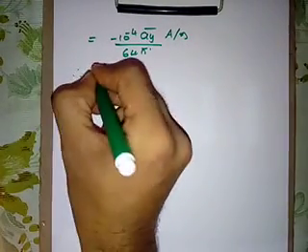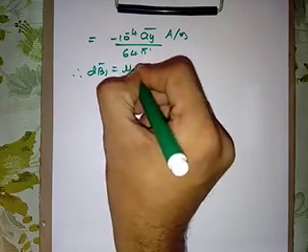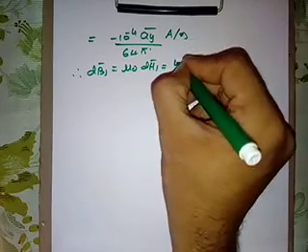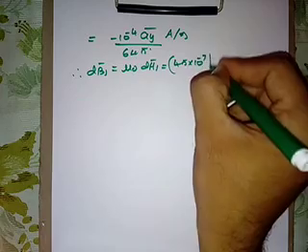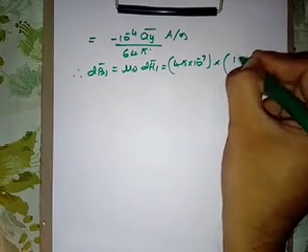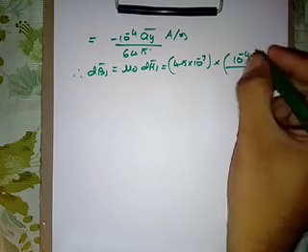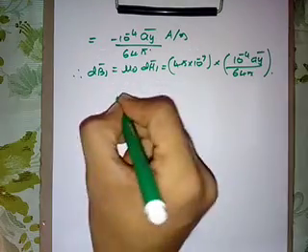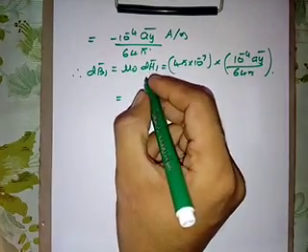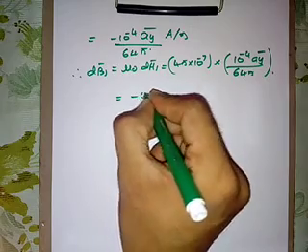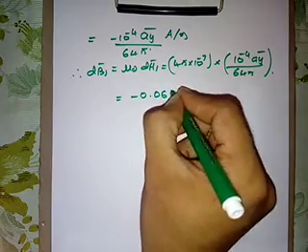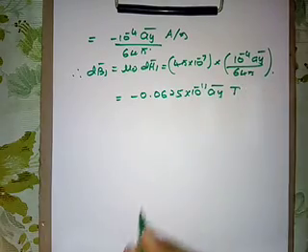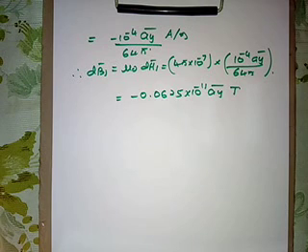Okay, therefore dB1 bar is equal to mu naught dH1 bar. So if you multiply mu naught, that is 4 pi into 10 raised to minus 7, with whatever we got just now, that is 10 raised to minus 4 ay bar divided by 64 pi, the answer will be, on simplification, minus 0.0625 into 10 raised to minus 11 ay bar Tesla.